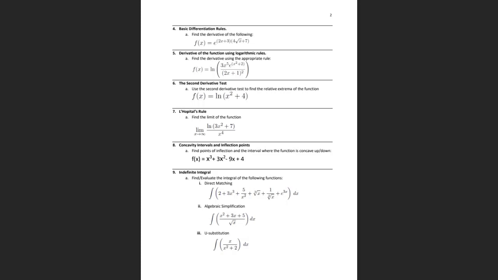I think, yeah, for example, the first part of question nine, at the end. Oh, sorry. At the end of part one of question nine, there's e to the 3x.